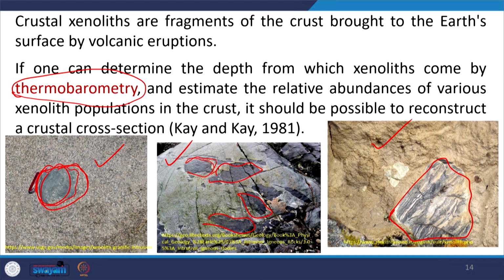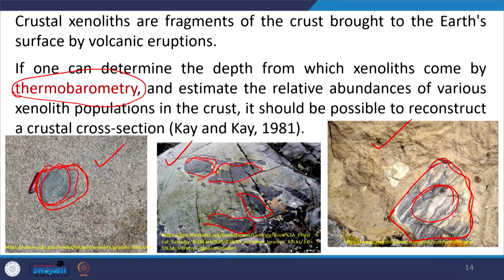However, the middle part remains unaffected. That is why there are certain minerals which are very characteristic for studying the thermobarometry of the system, so that we can determine at what temperature and pressure ranges they were formed.